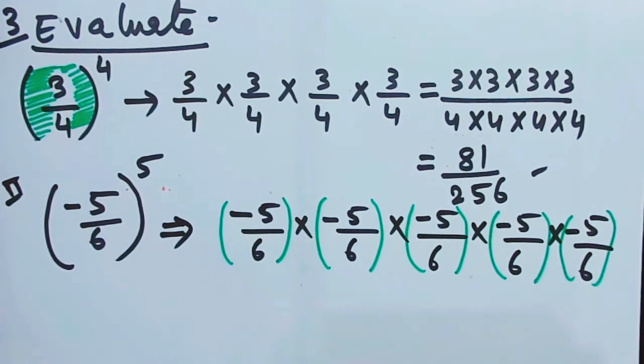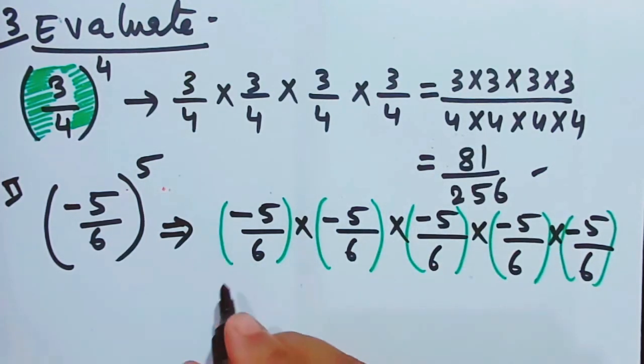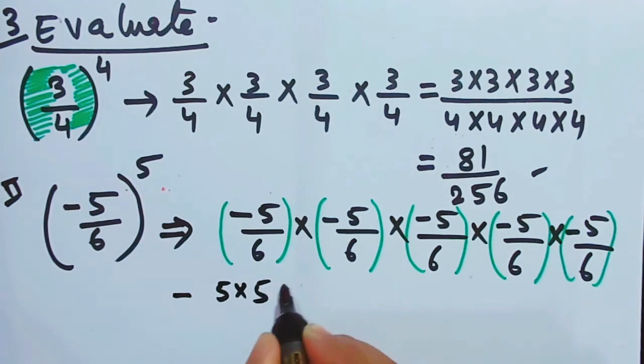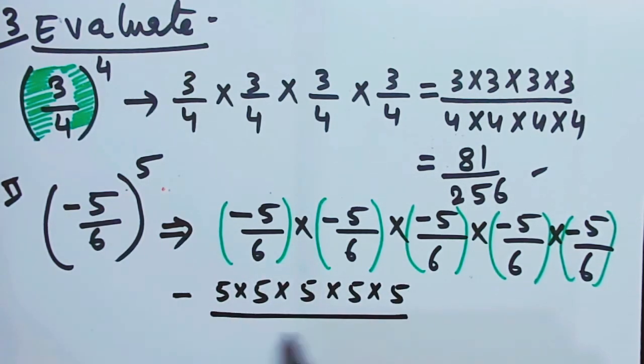However, when you multiply this, or when you segregate this in this particular format, you can write this in a better way, that is minus 5 times 5 times 5 times 5 times 5 by 6 into 6 into 6 into 6 into 6.